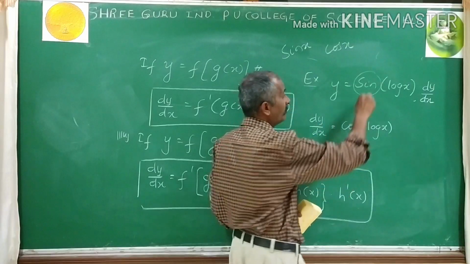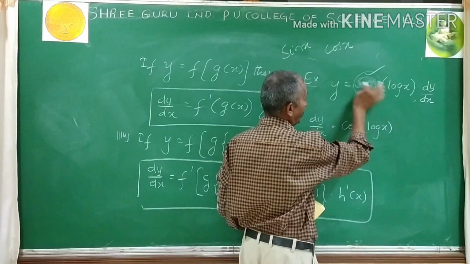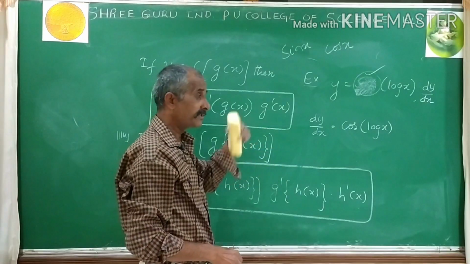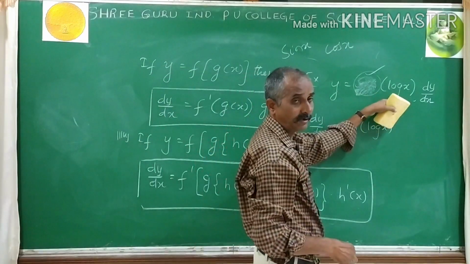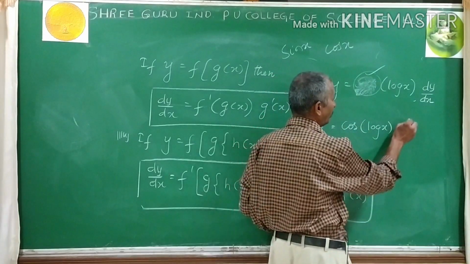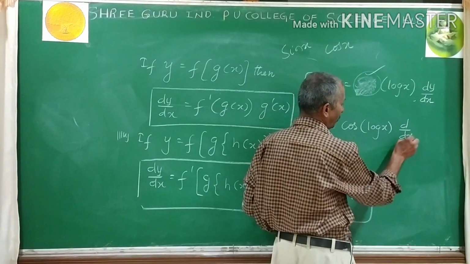What we wrote is only the differentiation of the sine function. But our y is involving not only sine, it is involving the log function. You must now compulsorily write multiplied by the derivative of log x.